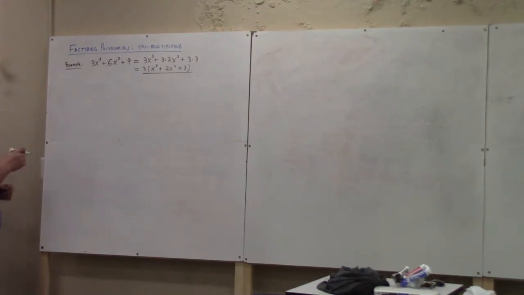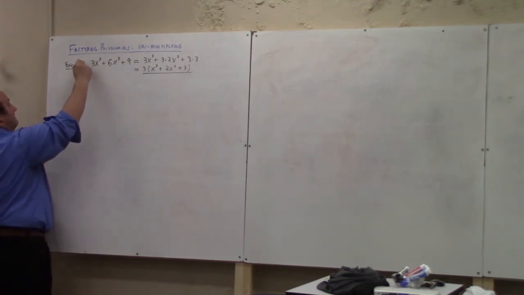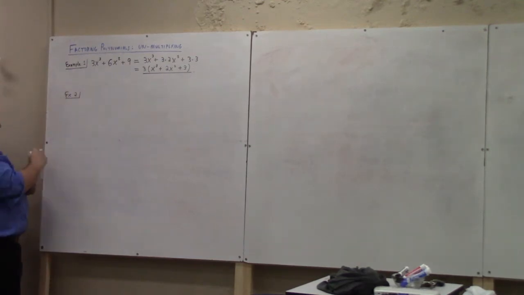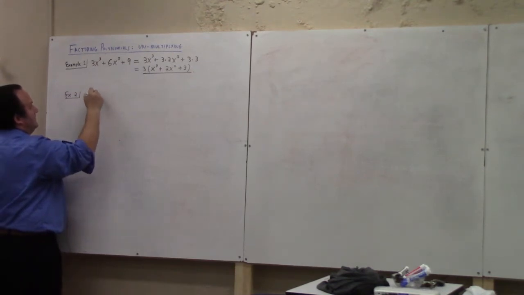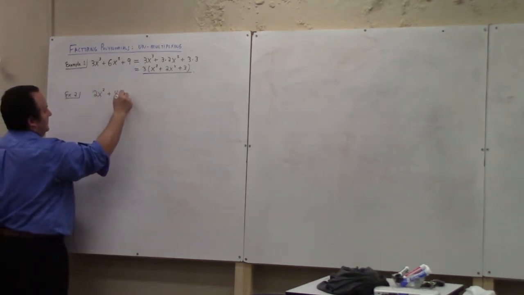I'll call that example 1. Example 2. Let's see here. How about if we have 2x squared plus 4x plus 1.